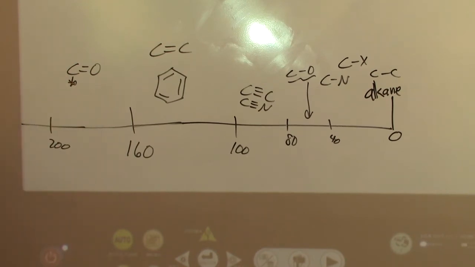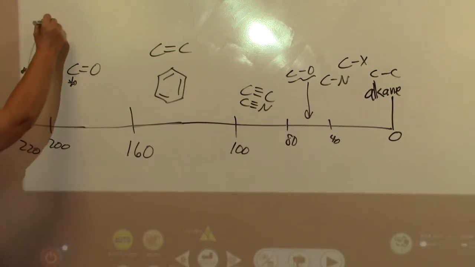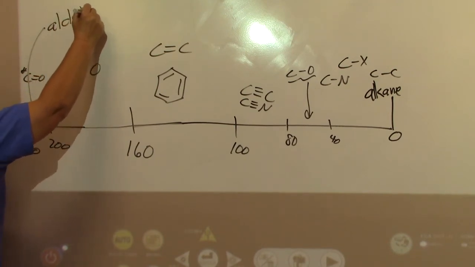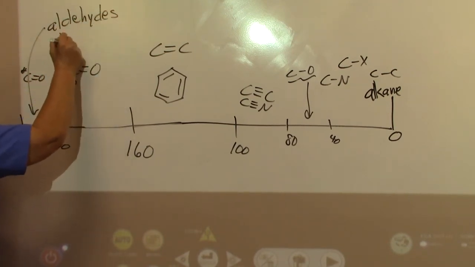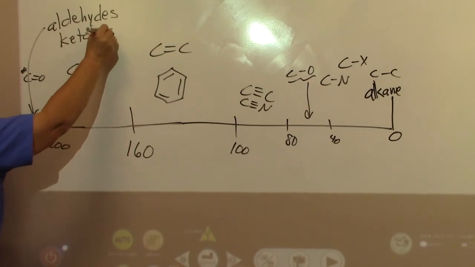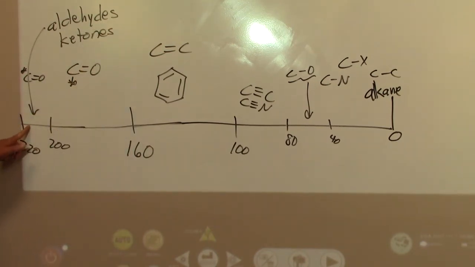And so again, you also can go 200 to 220. And here are carbonyls, but very specifically, this region is where you find aldehydes and ketones. If you get 195, 200 and above to 220, that is a real signal that it is an aldehyde or a ketone. It's a carbonyl, but as a functional group, it's an aldehyde or ketone.